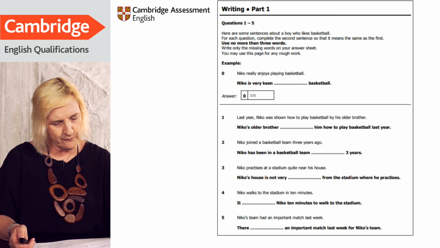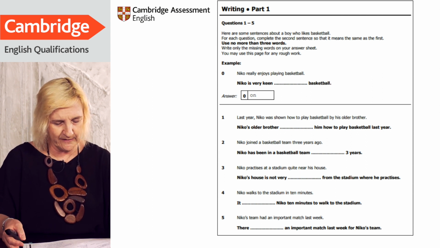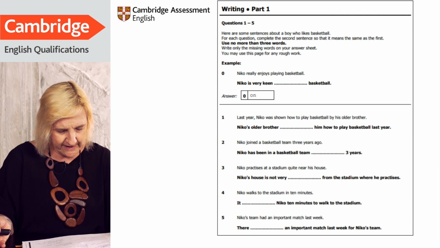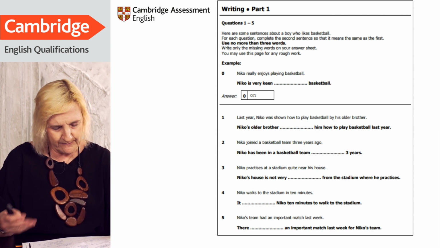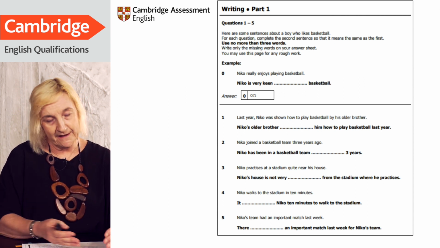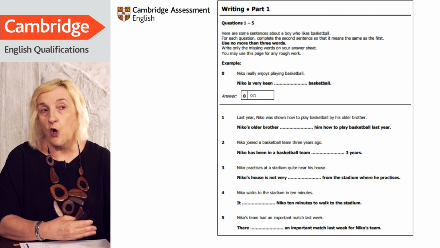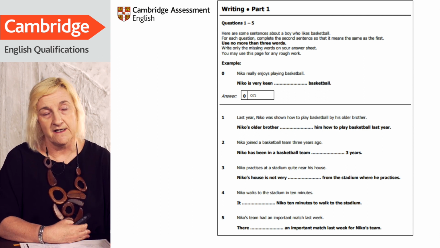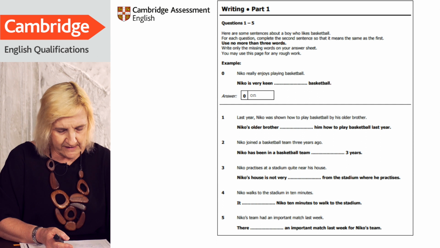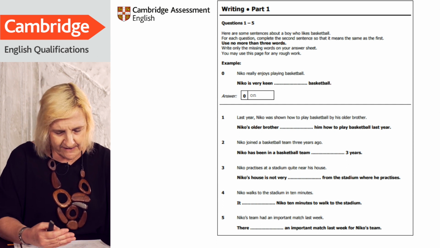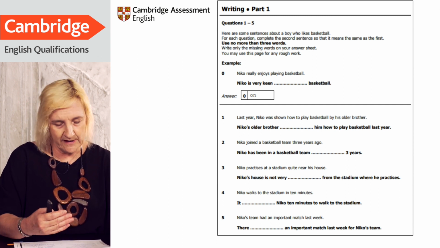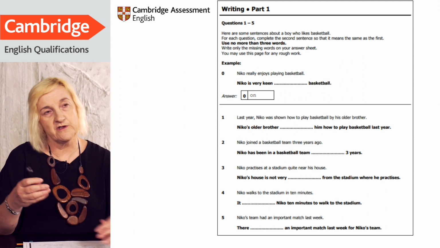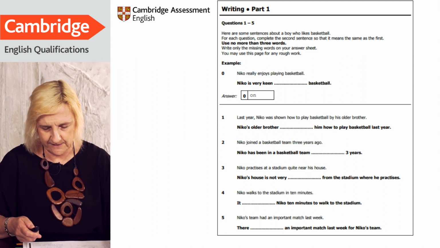If we move to the second one, a classic example of the present perfect: Nico has been in a basketball team for 3 years. You'll also notice that there's a common theme to these sentences. So it's quite important that at the beginning, the students recognise that there is a common theme and a common topic, which will help them in the task.